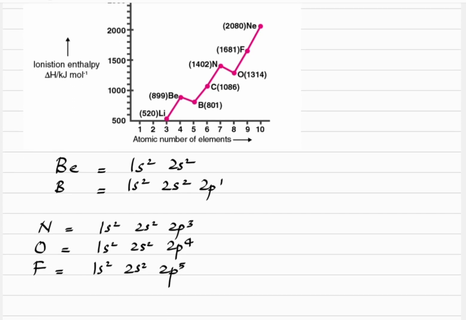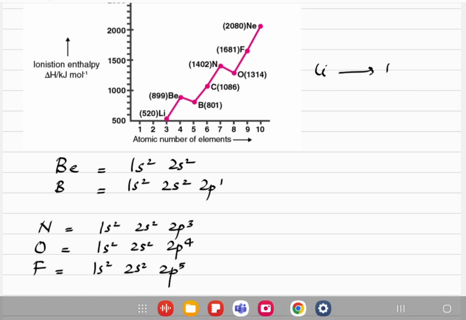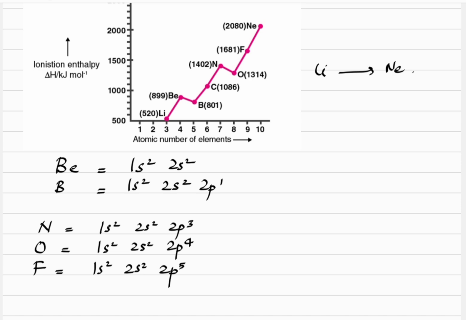So now let's see. As we move along the period, this is lithium going to neon, we just established that Z effective tends to increase. If Z effective tends to increase, then ionization energy also would increase, because now the electron is feeling more pull towards the nucleus.